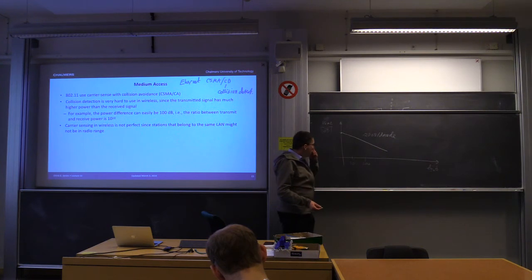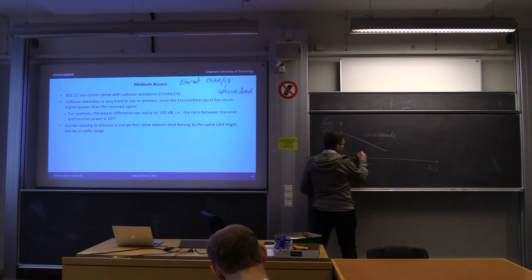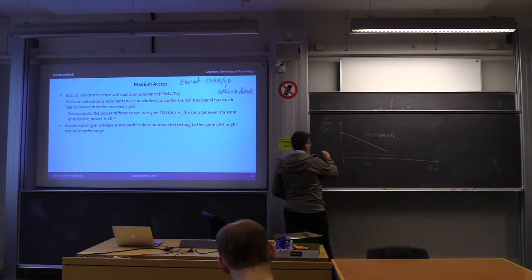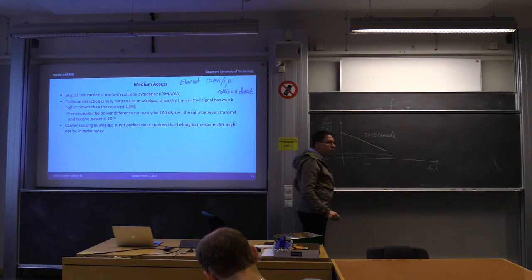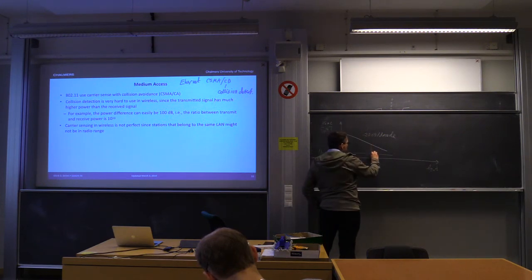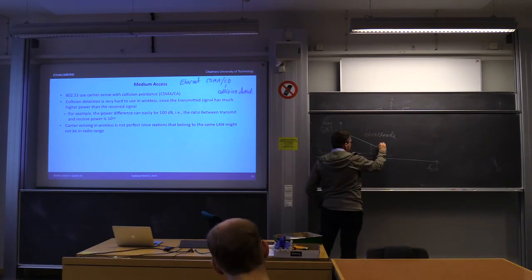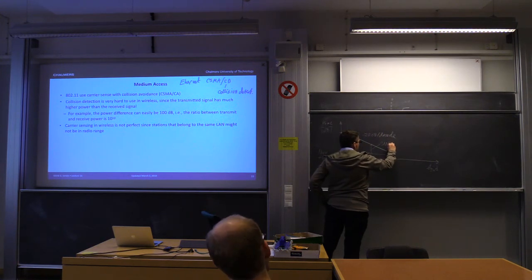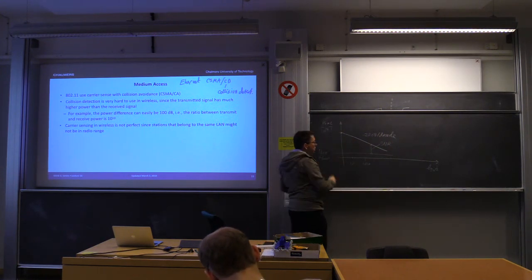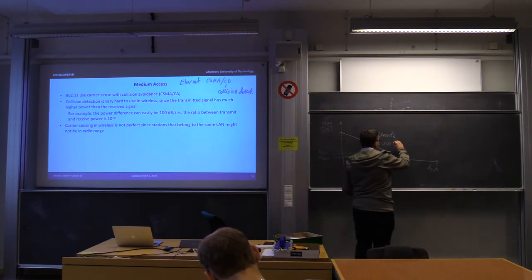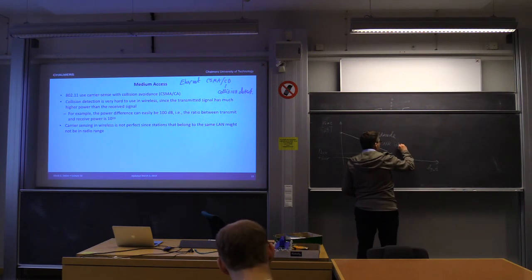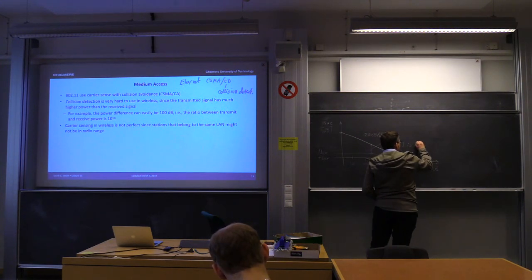And then there is some type of noise floor here. We're able to communicate as long as the signal-to-noise ratio, which, since this is in dB, is the difference between these two things, the ratio of the powers, is large enough.